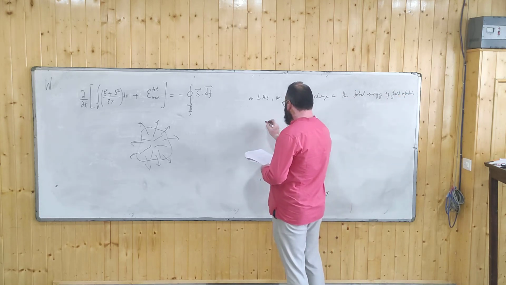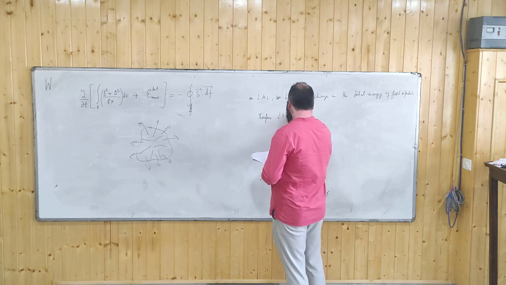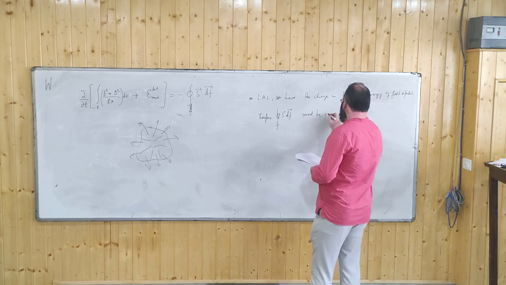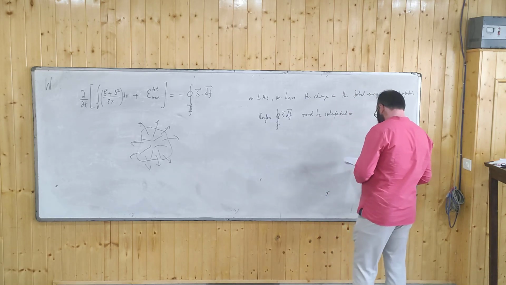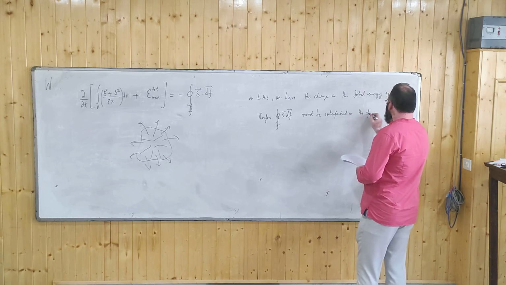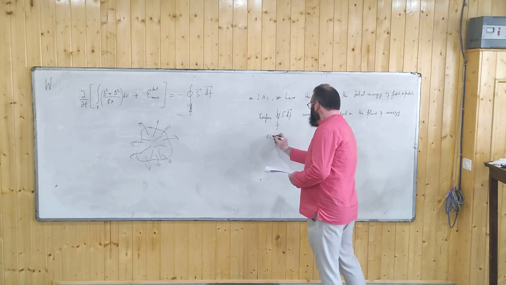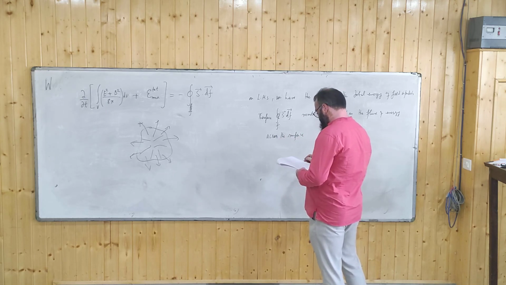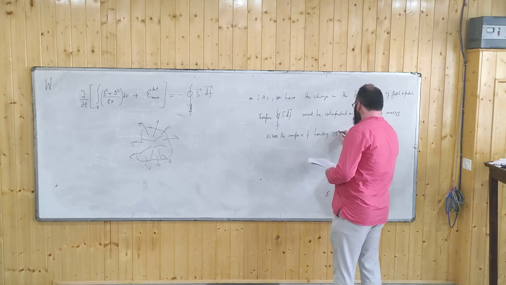Therefore, S dot df must be interpreted as the flux of energy across the surface, the bounding surface F bounding the volume.